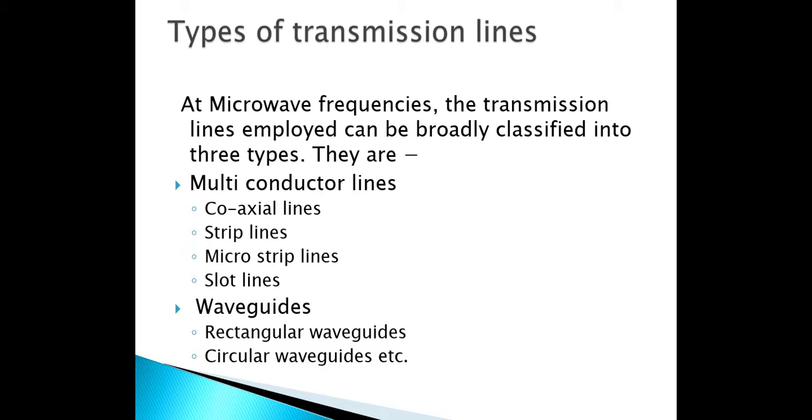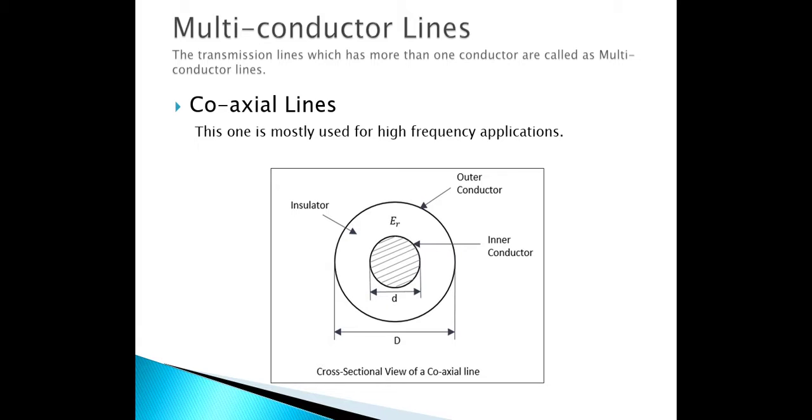Then another type is waveguides, which covers rectangular waveguides and circular waveguides. First of all we'll see the coaxial line.